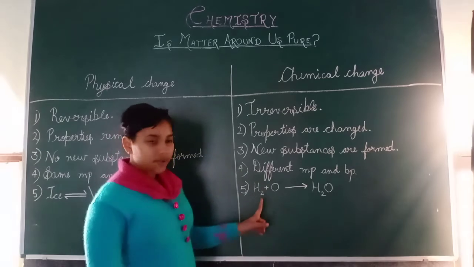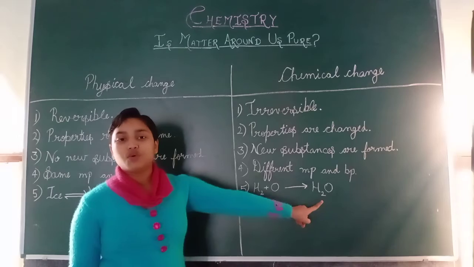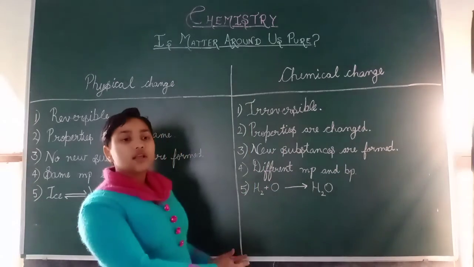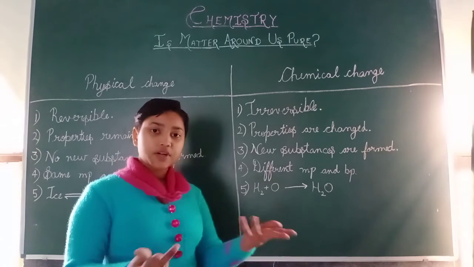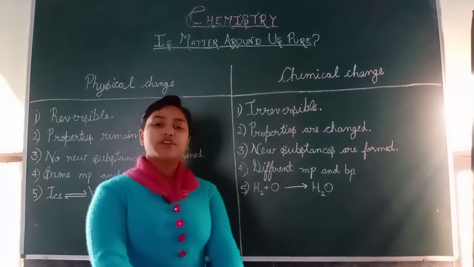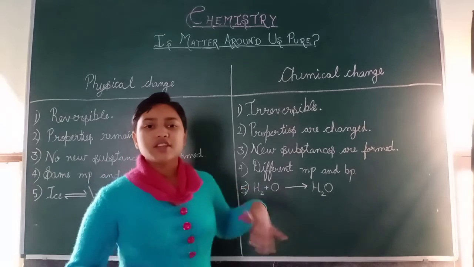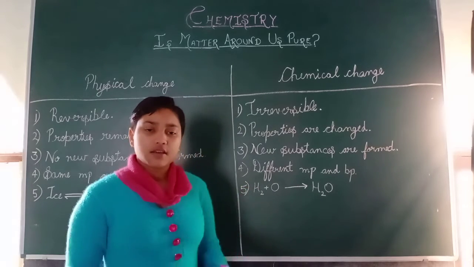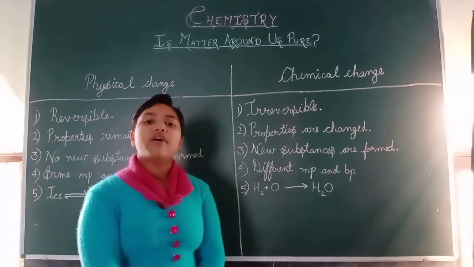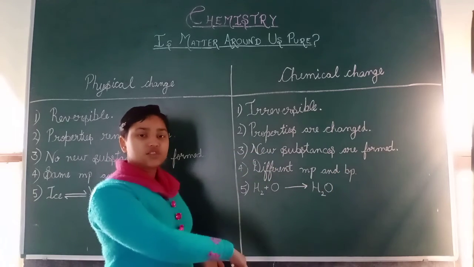For example, H2, meaning hydrogen, plus oxygen gives us H2O, meaning water. Hydrogen is a flammable gas. It burns. And oxygen supports combustion, meaning it helps in burning anything. But water, what is its property? Absolutely different. Water has the tendency to escape from the fire. So the properties are changed from the original constituents.